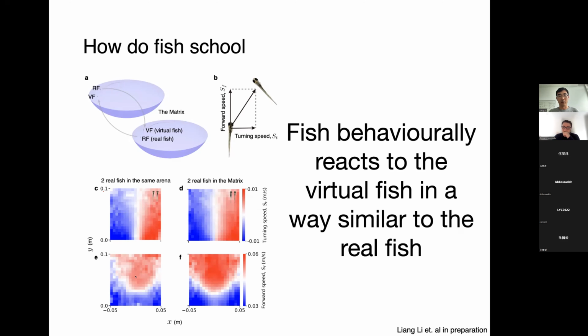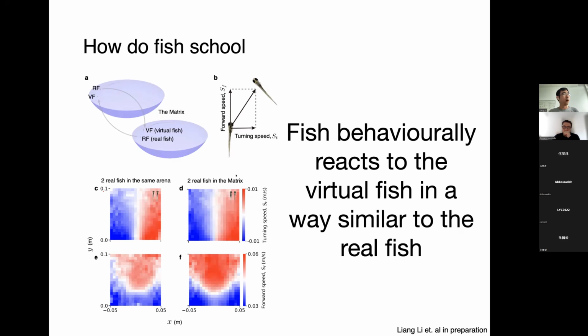And this is the speed control. If the focal individual is here, and there's a neighbor here, then the focal individual will have a higher forward speed. Otherwise, the follower will have a lower forward speed. This is just a real fish interacting with another real fish.